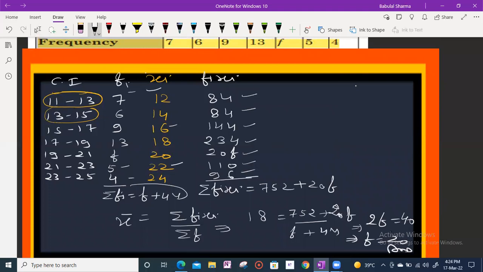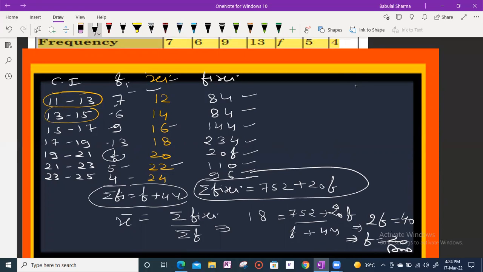First we found the mid value of the class intervals 11 to 13 and represented it by xi. We added all the frequencies, that means f plus 44. Then we multiplied fi by the corresponding xi, then we added these numbers, that is 752 plus 28.